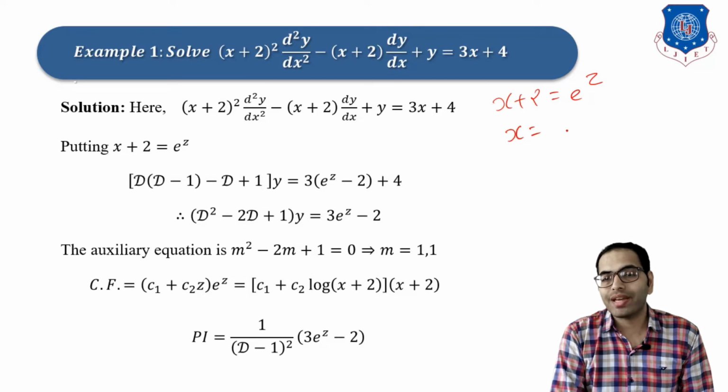Now making x the subject, x = e^z - 2. Taking logarithm on both sides, that means log(x+2) = z.